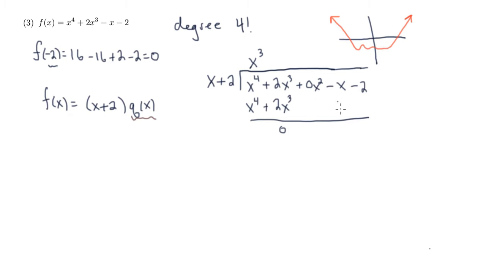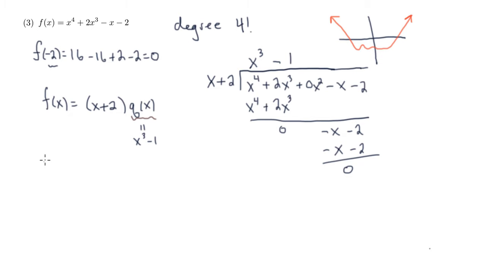But then I need to bring down the 0x squared, the minus x, the minus 2, so I just have minus x minus 2. And x plus 2 goes into negative x minus 2 minus 1 times. So then I multiply and I get minus x minus 2, and I get 0. Okay, so my remainder is 0, and my quotient is x cubed minus 1.